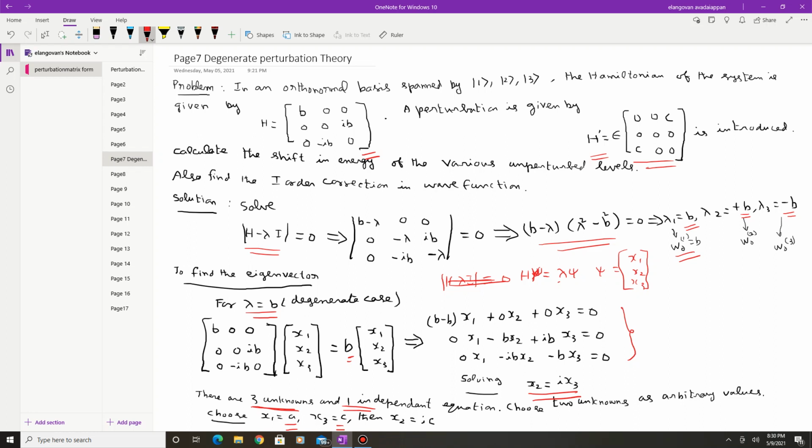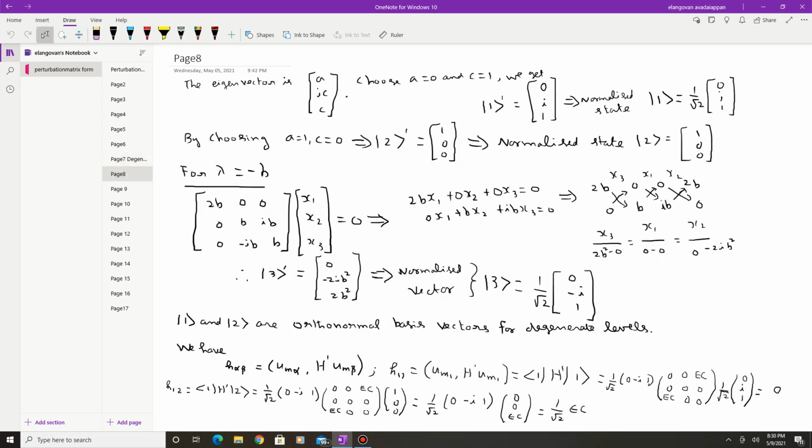So a and c are arbitrary values, and x2 is expressed in terms of c, since if x3 is c, x2 is equal to ic. The eigenvector is: x1 is a, x2 is ic, x3 is equal to c.